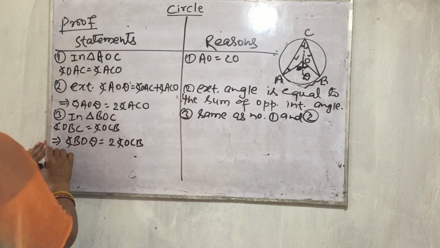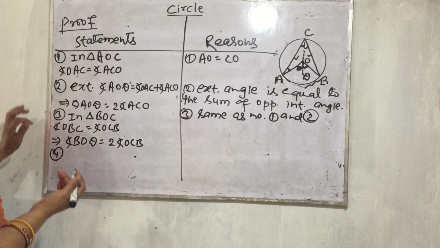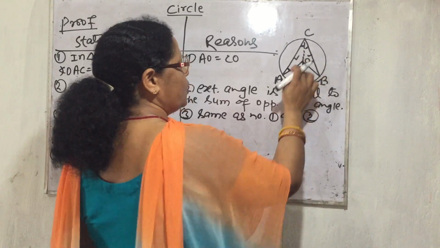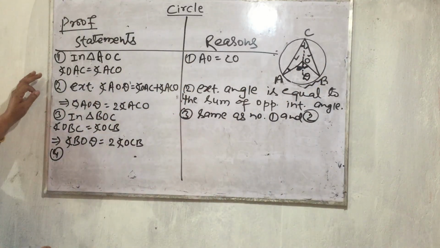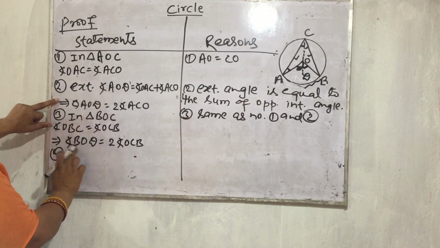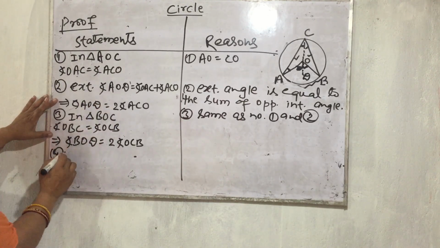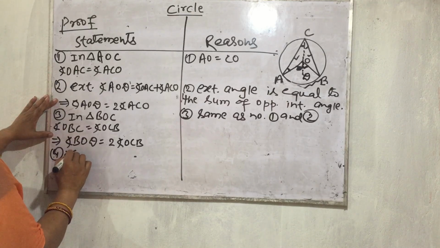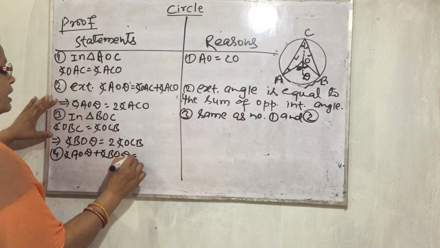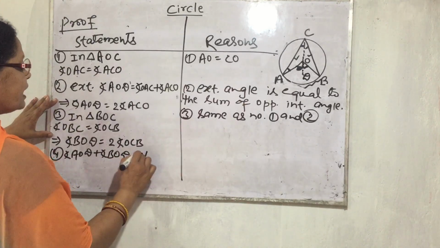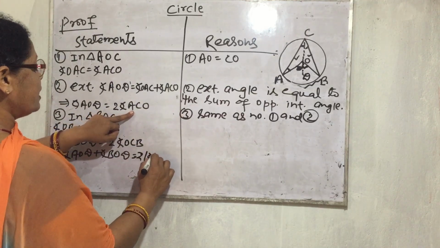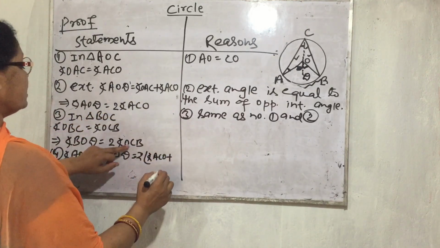Now number 4. If we add these two angles AOD and BOD, AOD we have here and BOD is here, then how much will we get? On the right side we will get double of angle ACO plus angle OCB.